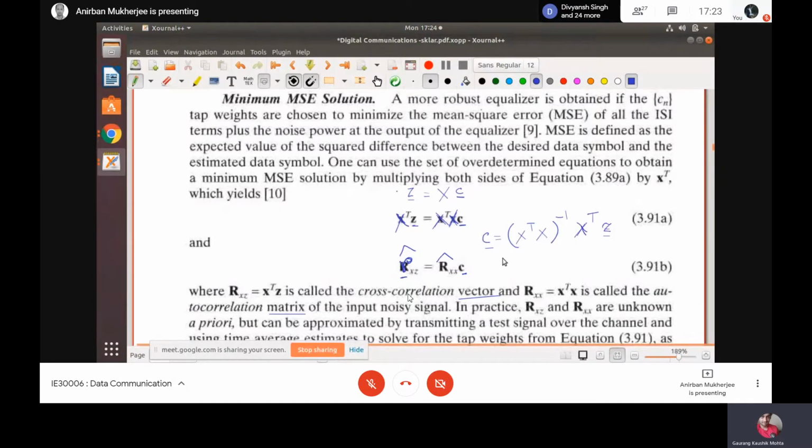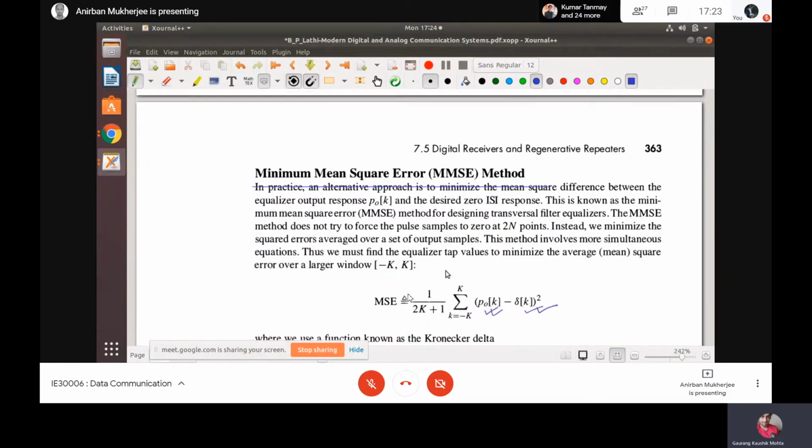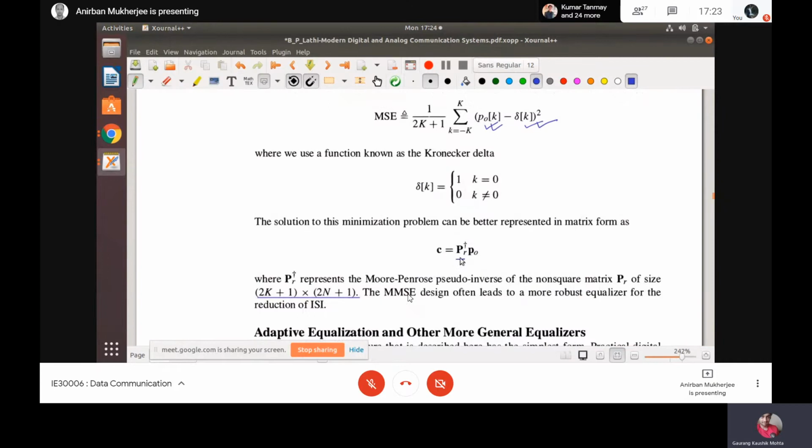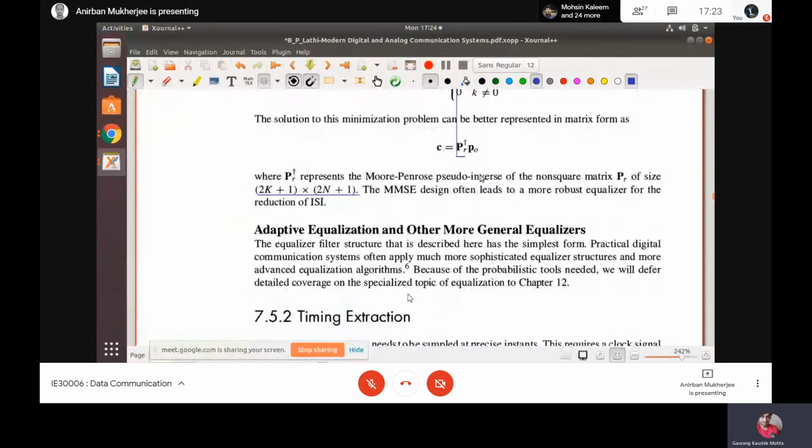Now this one, X transpose X whole inverse X transpose, is called the Moore-Penrose inverse, or simply the pseudo inverse.